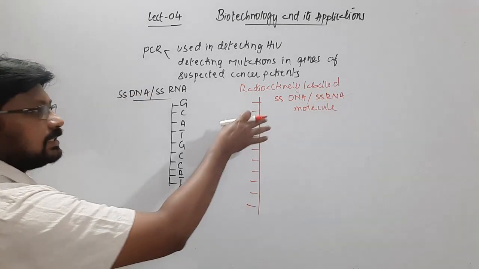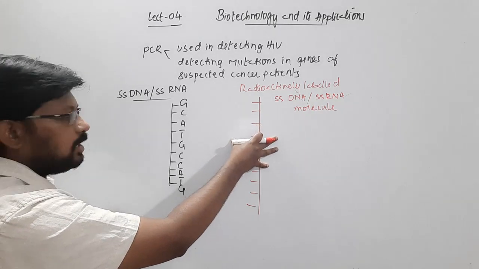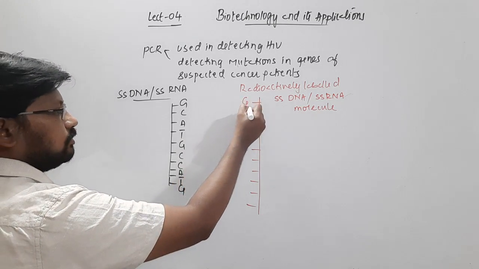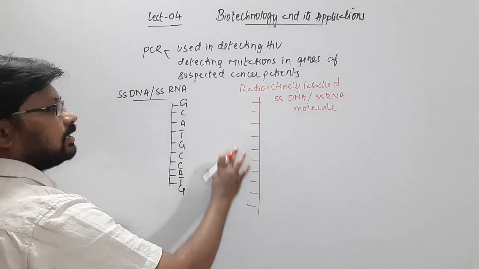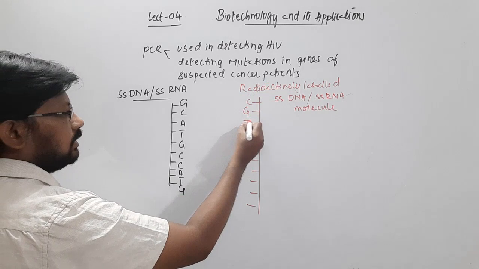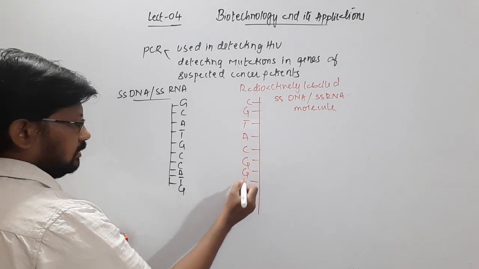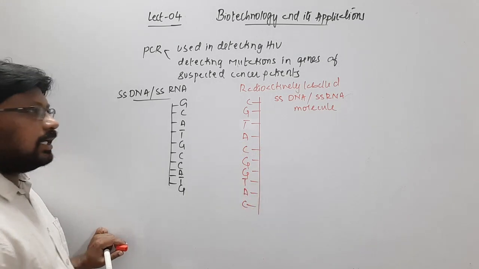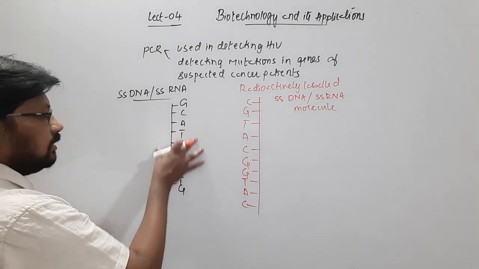Usually this radioactively labeled single stranded molecule will have the complementary sequence for this: C, G, T, A. CGGTAC is the complementary sequence that you will be seeing to that particular gene here.